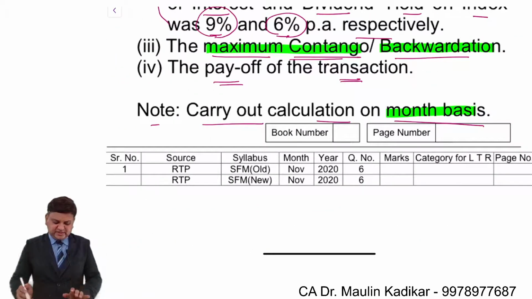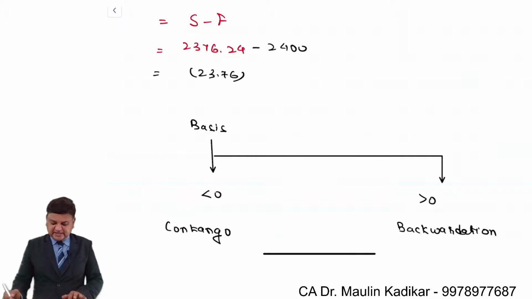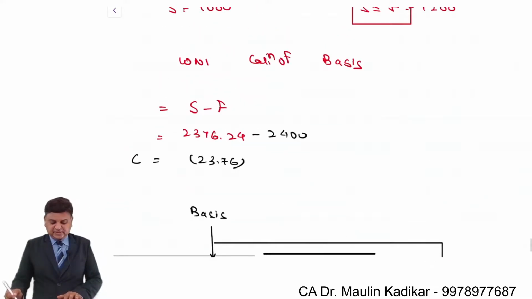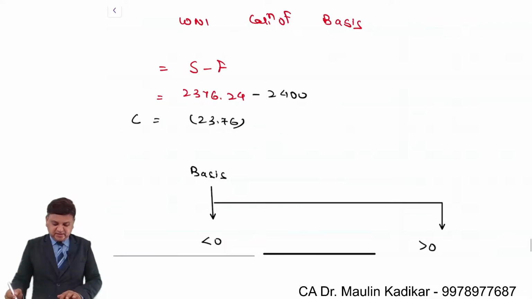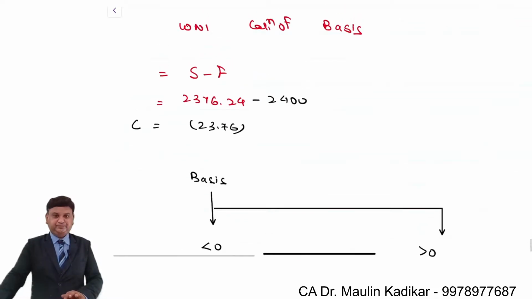Over here the question says that you just have to compute the Contango or backwardation. We can see that the answer is negative over here. So since the answer is negative, we understand that this is Contango. So write down basis and write a one line answer that as basis is negative, it is Contango.